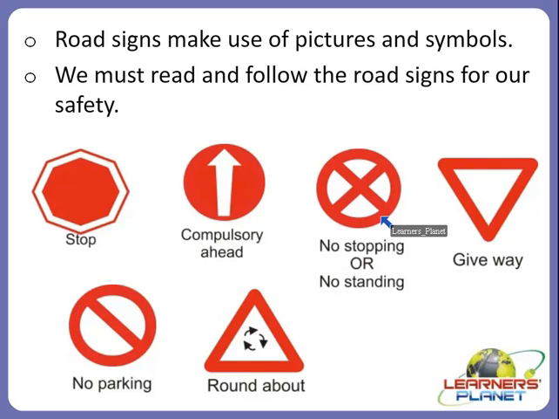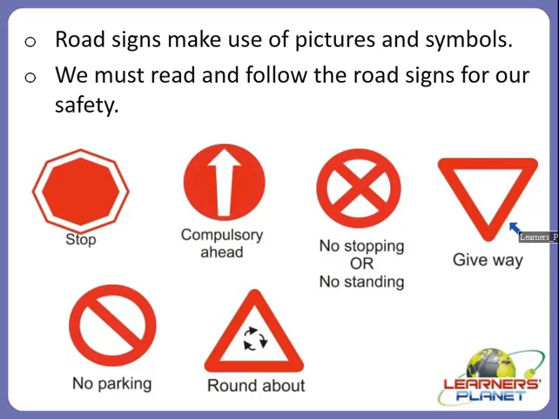Otherwise any vehicle can strike and we may fall or suffer a minor injury. Then this is a sign of give way. It means you have to give way to another person. Or if you are driving any vehicle and you see such a sign, that means you have to give way.